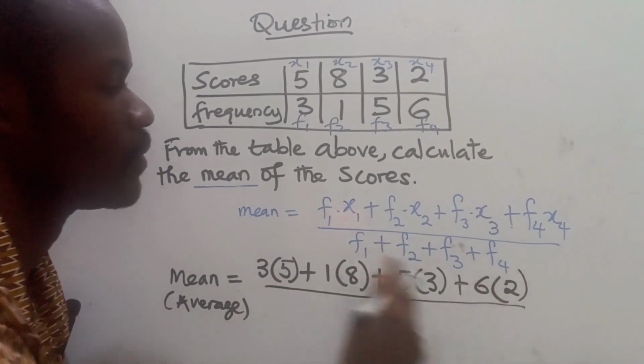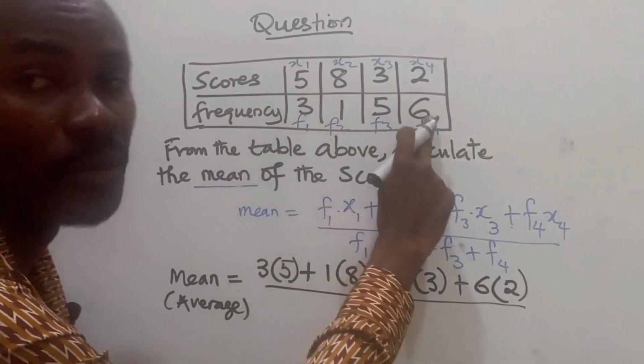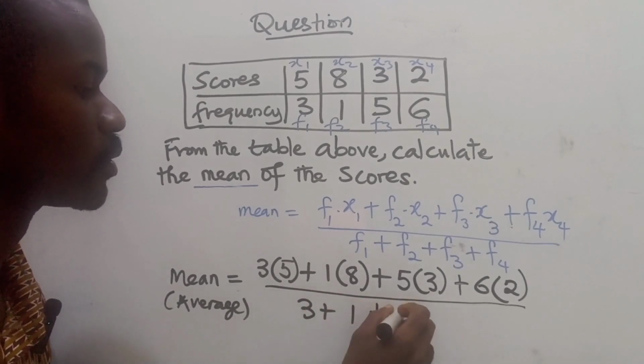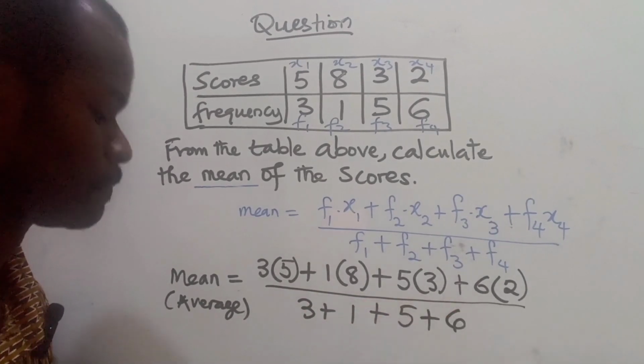All these are divided by the sum of frequency. We are going to sum all these, so I have it as 3 plus 1 plus 5 plus 6.